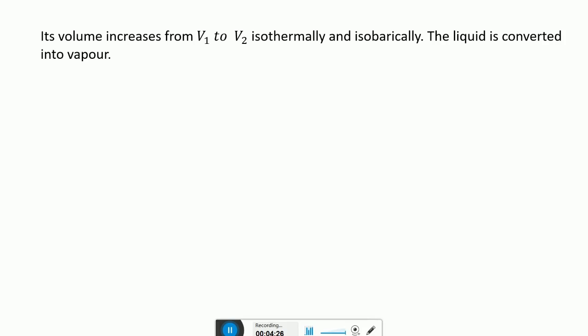Its volume increases from V1 to V2 isothermally and isobarically, and the liquid is converted into vapor. And the increase in entropy is (L plus dL) by (T plus dT).